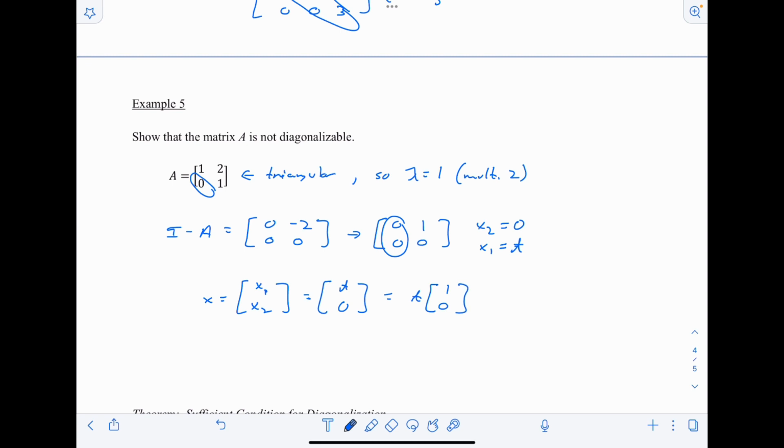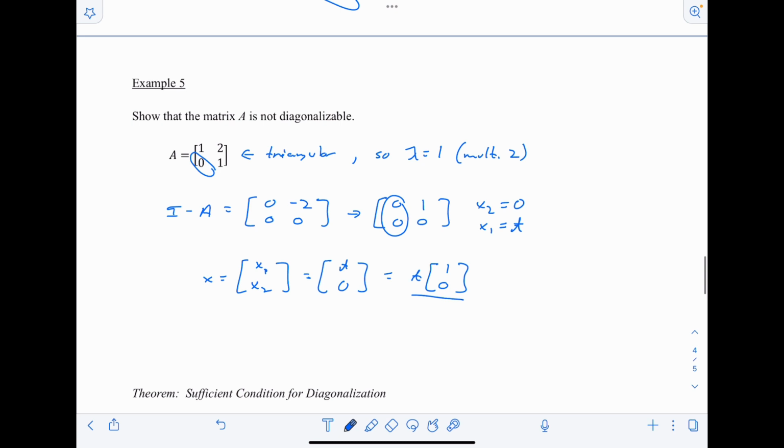So remember, trying to show that A is not diagonalizable, and in order to be diagonalizable, because it's a 2 by 2 matrix, we would have to have exactly 2 linearly independent eigenvectors. But in this case, we don't have that. We've got t times the vector 1, 0.